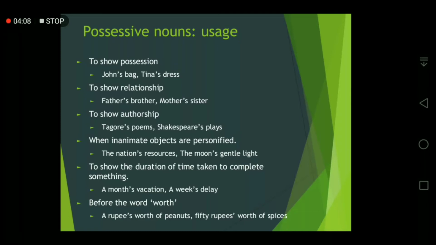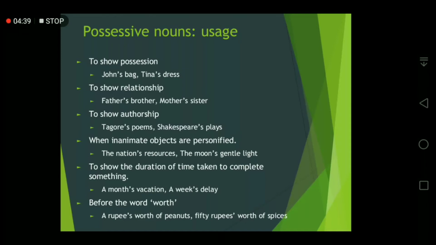The moon is an object, but we are using apostrophe s here to give it a character, like a personification, like the character of a person. So it is the moon's gentle light. We can call it the nation's resources. So in this sense also you can use apostrophe s. You can use possessive nouns.